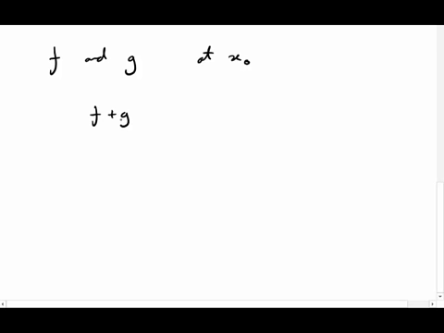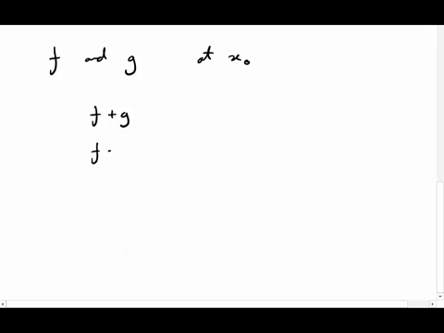Once we've got analytic in our head, we can start talking about combining two functions and coming up with some useful properties of analytic functions. For example, if f and g are both analytic at the same point x0, then f plus g is also analytic at x0.